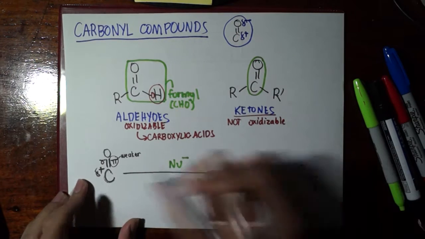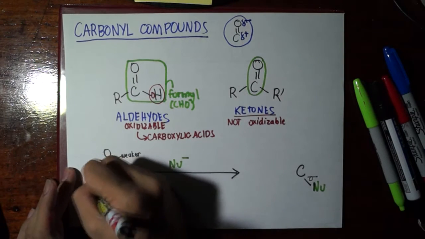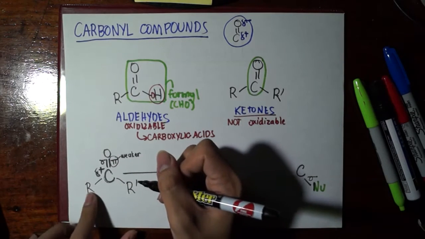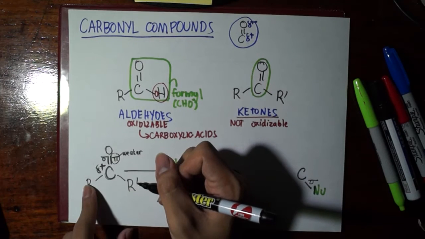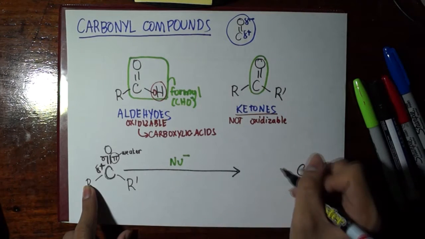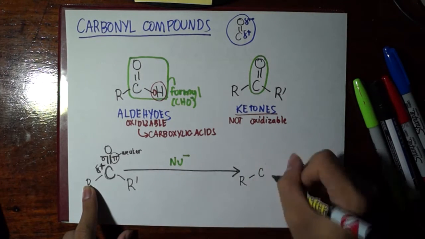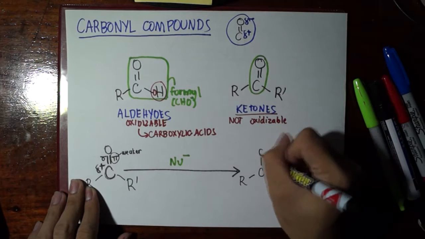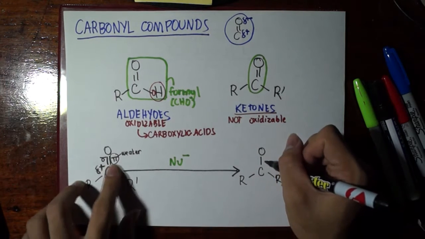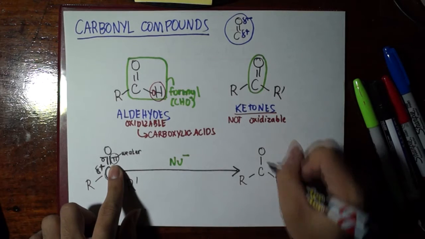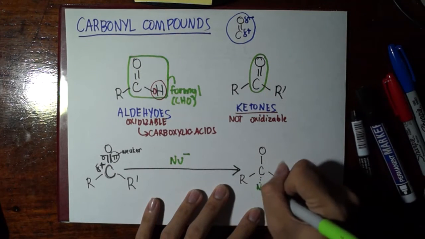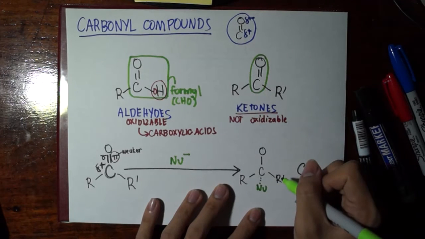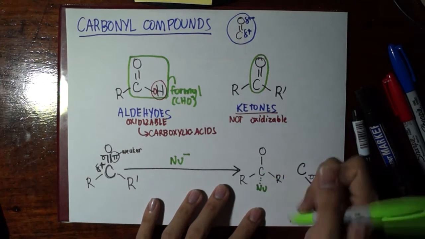Actually, since we know that carbon here, let's have a ketone here. The carbon here cannot give away both of these. Okay? So what happens? The carbon will now resort to breaking this pi bond in order to give way to the nucleophile, which is trying to connect with the carbonyl carbon.